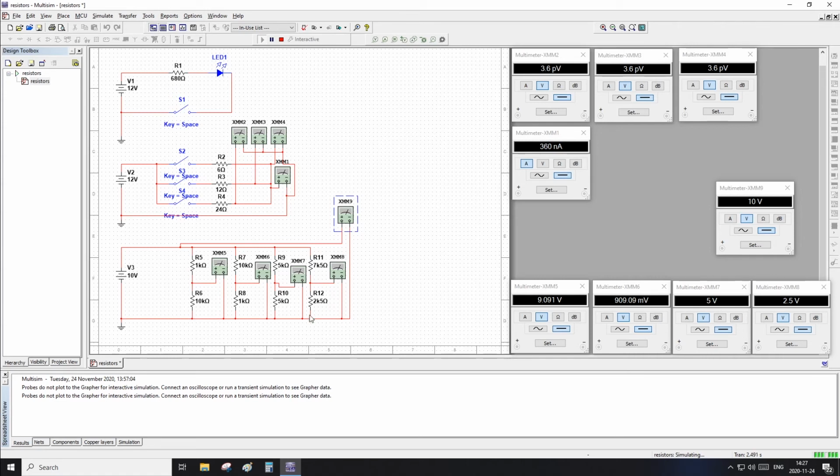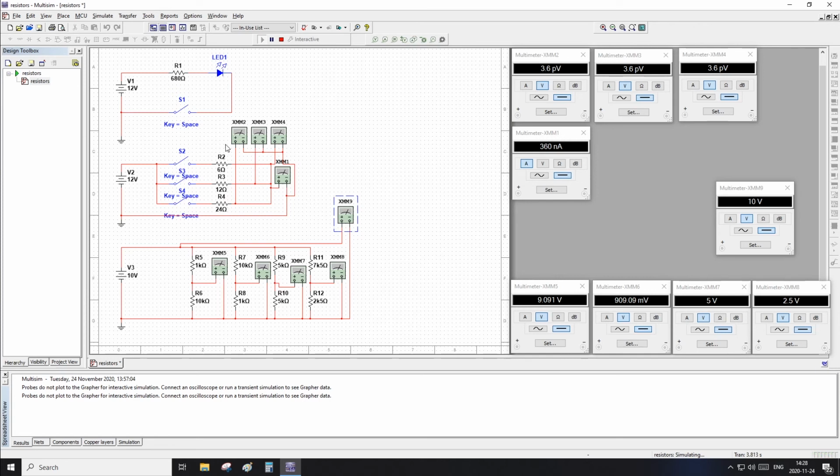If we take 25%, we'll get 2.5 volts. And that, ladies and gentlemen, is basically how a resistor works. You can build up way more complicated schematics and circuits with this setup alone. Just a switch, a resistor and an LED, or not even an LED.